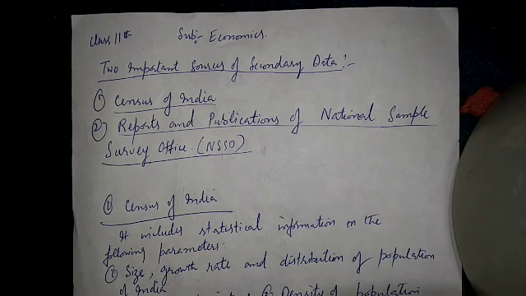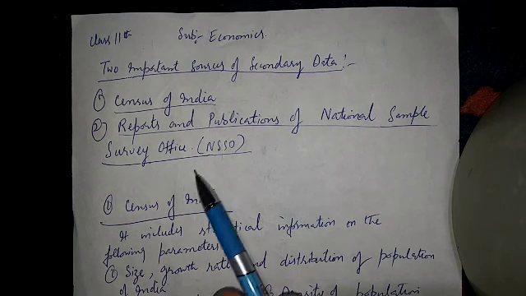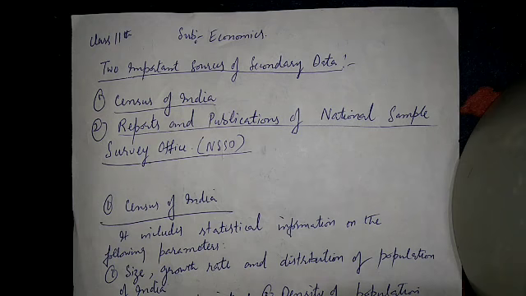Some of the agencies at the national level are Census of India, National Sample Survey Organization (NSSO), Central Statistical Organization (CSO), RGI means Registrar General of India, DGCIS, Directorate General of Commercial Intelligence and Statistics, and Labor Bureau, etc.